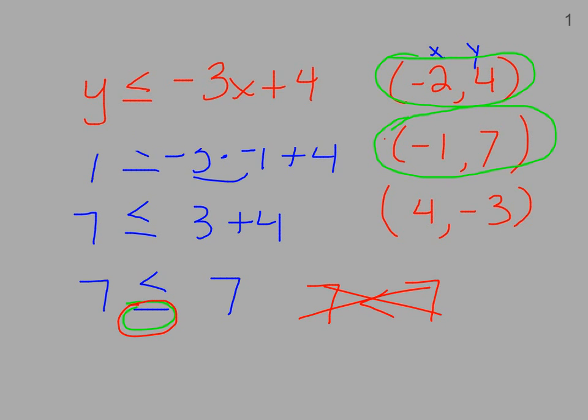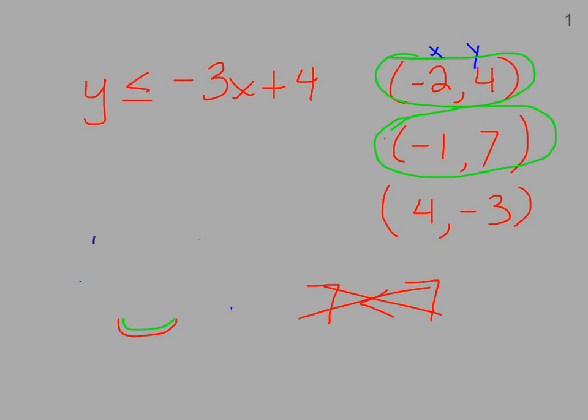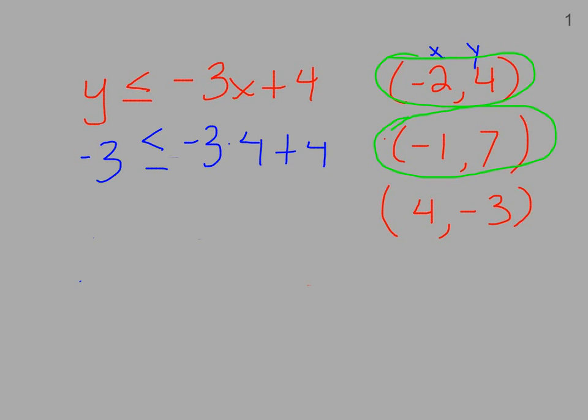Let's try the last point to see if that's a solution. Okay. And so I'm going to plug in 4 and -3 for my x and y. So I'll put -3 right there, make that less than or equal to -3 times 4 plus 4.